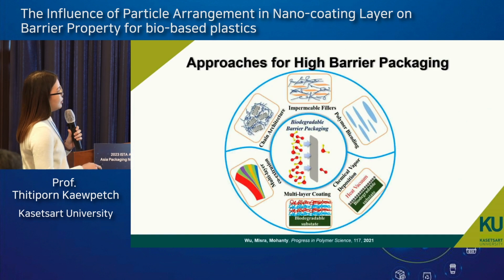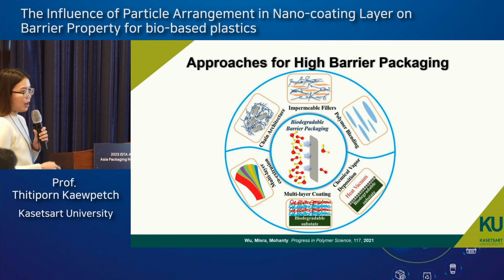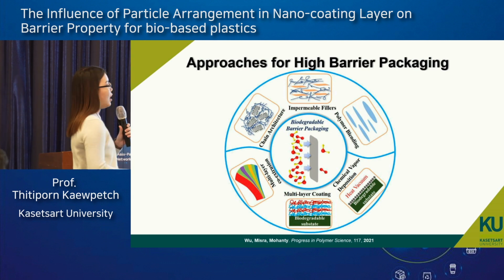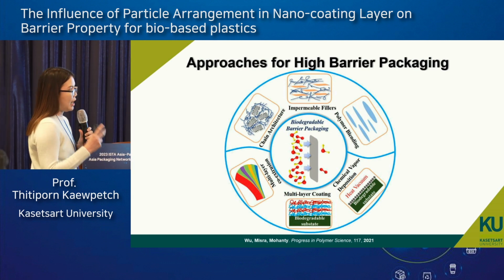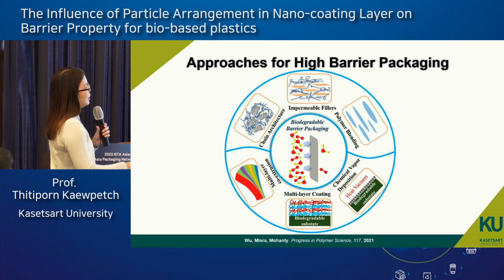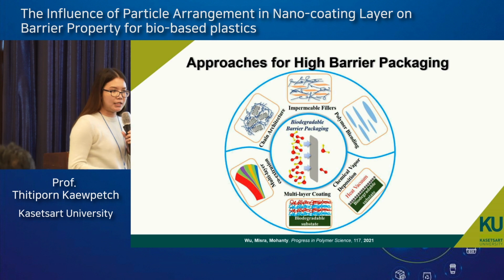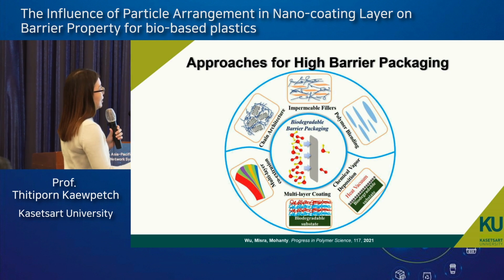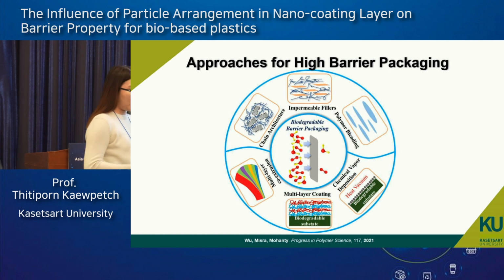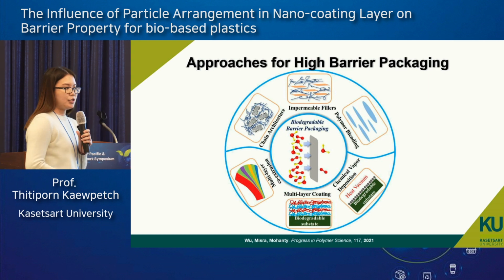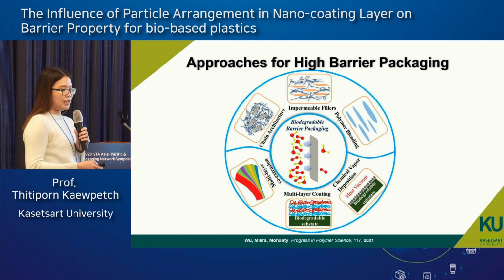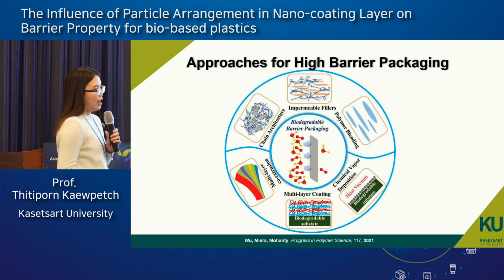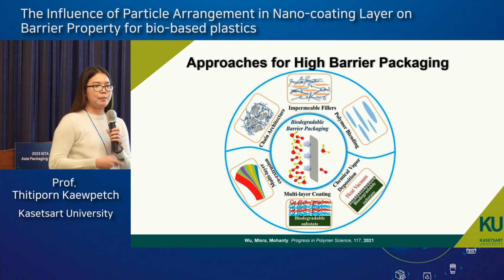There are two approaches to improve the barrier properties of biodegradable materials. The first one, shown in the top part here, is the modification of the plastic matrix. You can develop the chain architecture, for example, make the polymer structure more crystalline, so the structure is denser and closer, and it can restrain the gas molecules from penetrating.